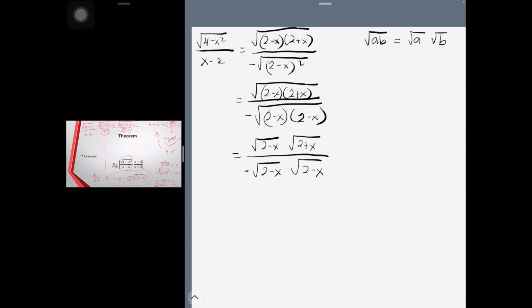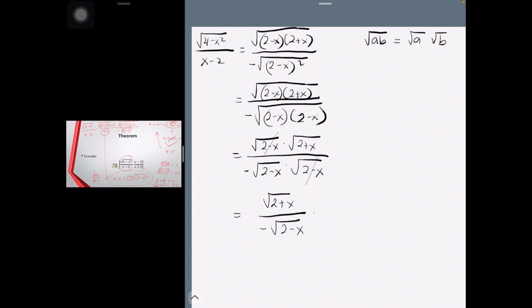Since the operation between the terms of the numerator and the denominator is multiplication, we can cancel the square root of 2 minus x, which is what we really want to cancel out, right? Because this is what makes the numerator 0. So canceling that out, we're left with just the square root of 2 plus x over a negative square root of 2 minus x.